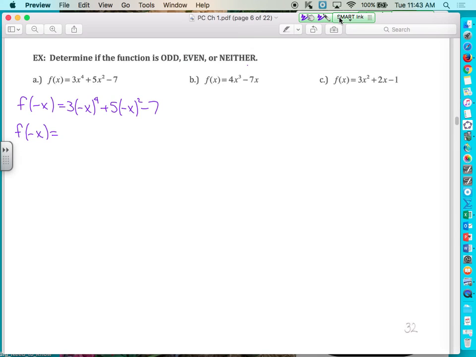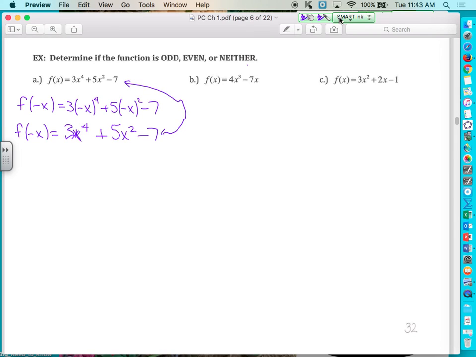So if I take negative x and raise it to the 4th power, that's going to give me positive x to the 4th, times that 3 out in front would be 3x to the 4th. Uh-oh, it's getting funky on me. The next term, if I raise negative x to the 2nd, would be positive x squared, times 5 would be 5x squared, and negative 7.